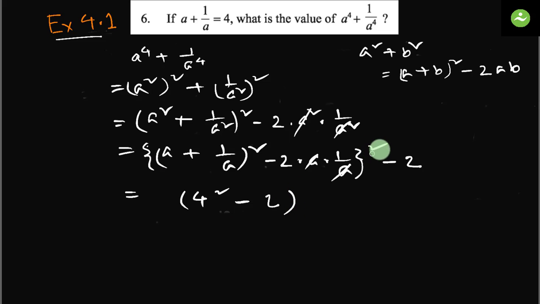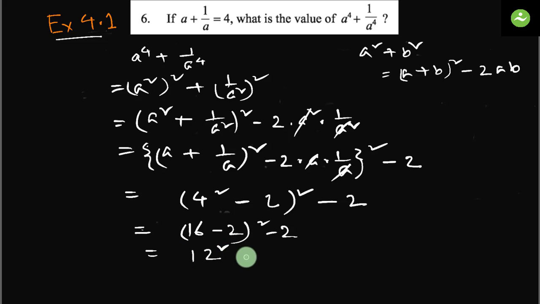So there was a square here, so we put square minus 2 equals 4 into 4 means 16 minus 2 whole square minus 2 equals 14 minus 2 means 12 square.